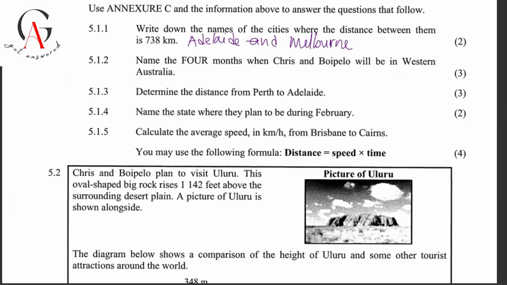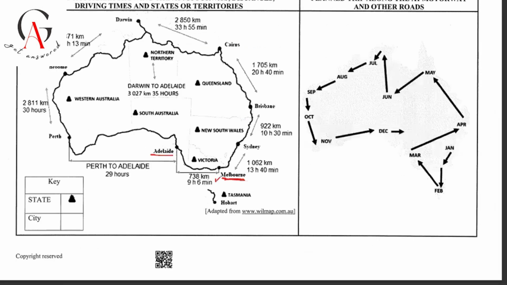Name 4 months when Chris and Purple will be in Western Australia. So now, Western Australia is here. When you check very well, it's around here.